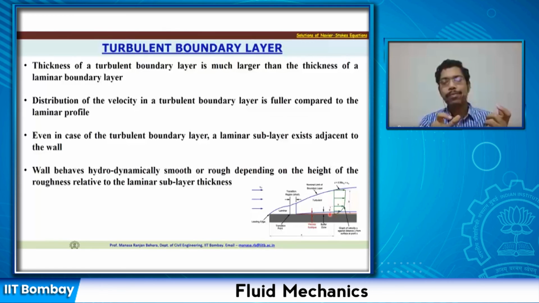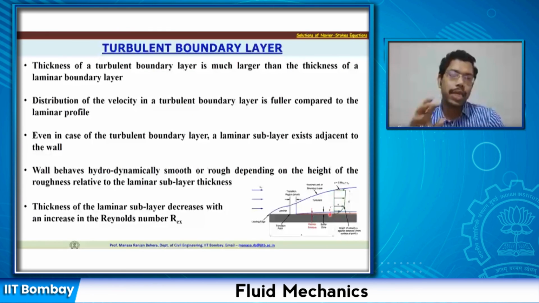So now a small undulation or small roughness can also lead to a large drag force, and hydrodynamically the surface is going to be rough. If the roughness height is very small, then it will behave as a smooth surface. So that is why it is very important.